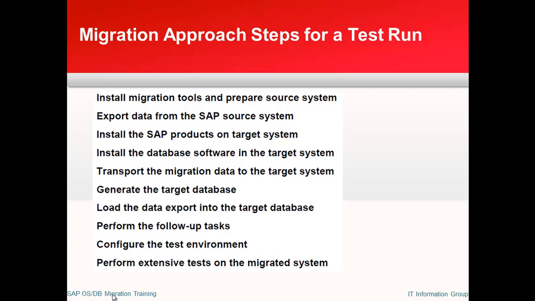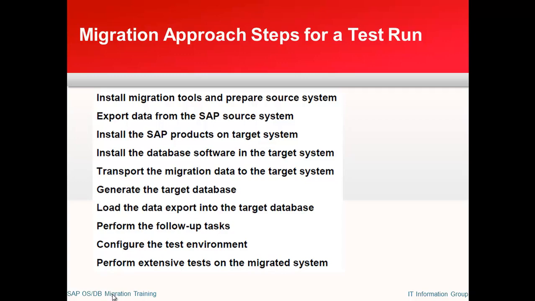So basically here is the step-by-step list of all the activities involved in performing a migration. Once the export of the data is done from the source system, we install the SAP products on the target system.